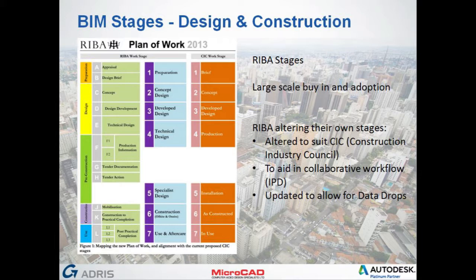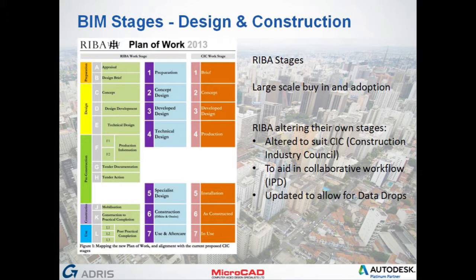And these stages of works are now leading to collaborative working, that IPD method I've got there, and allowing for things like what are called data drops. So the stages now allow for a model being produced, a degree of that data being dropped out of the model, sent to everybody for information, and then almost archived, a hold point of the project, before moving to the next stage, and then the next.